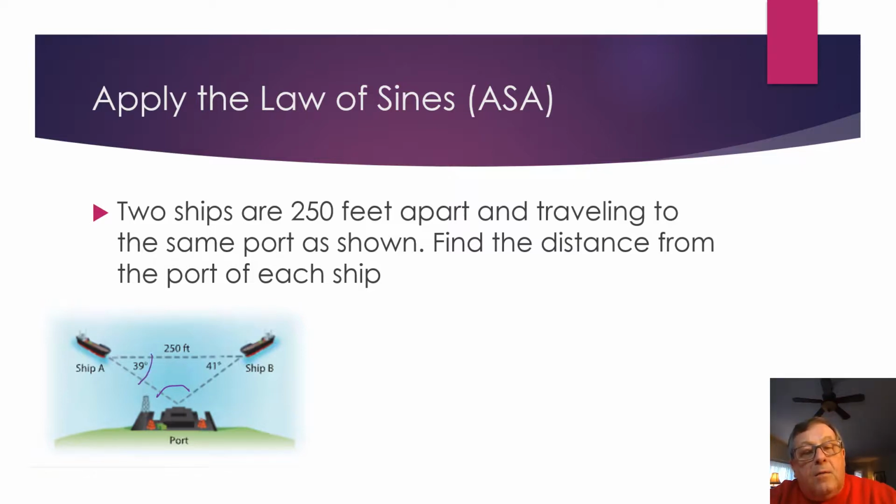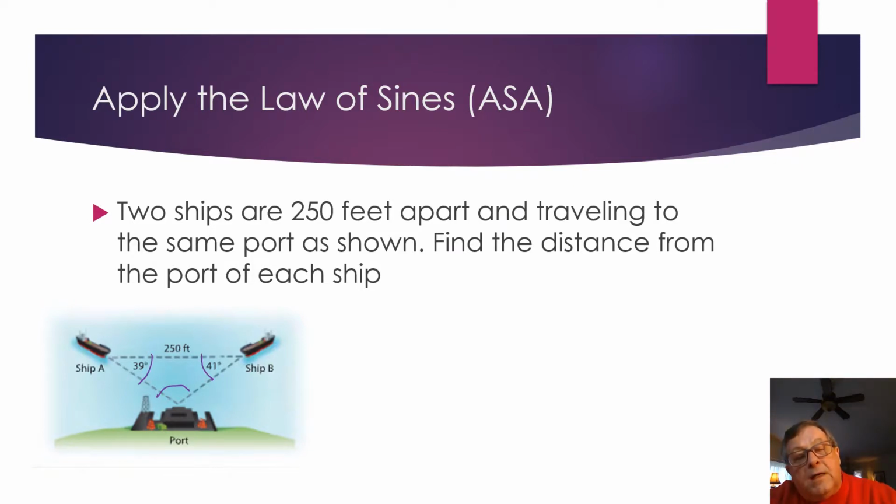We know a side here because these ships are 250 feet apart. And the angle here of ship B is 41. So we've got angle, side, angle, and we're trying to find the distance of each ship.